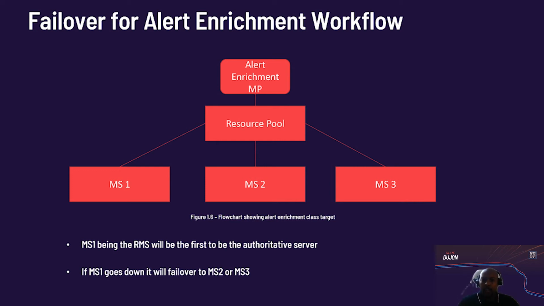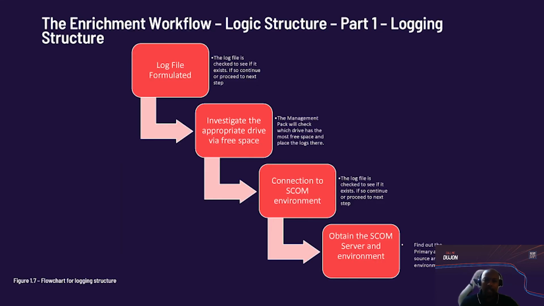Once the alert enrichment workflow moves over to a different management server, it won't necessarily fail back unless you were to purposely force the management server to go down, and then it would randomly pick the best one between them. But in most cases, the alert enrichment should work on the first management server, or whichever one is holding the RMS role. But that can also be quite randomized as well.